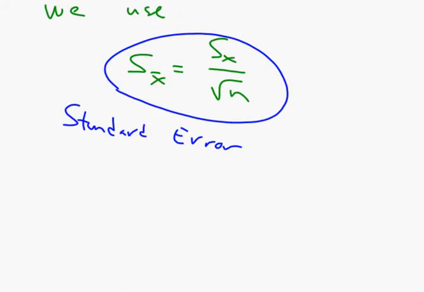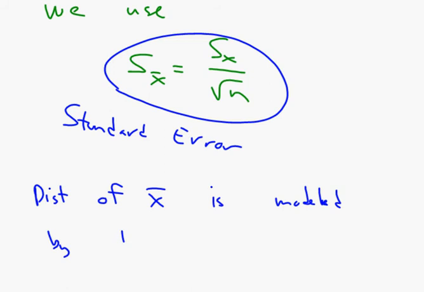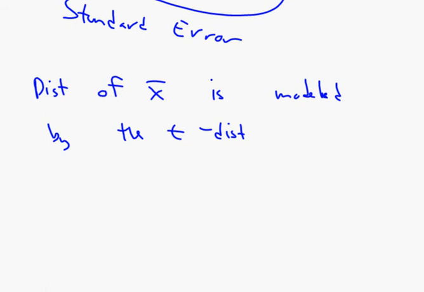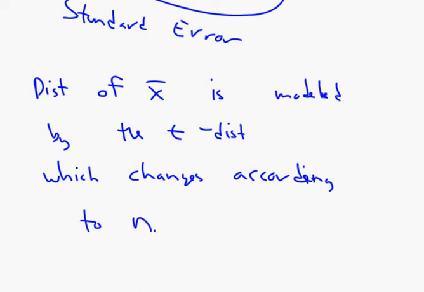And here's what else changes. The distribution of x bar is modeled by something called the T distribution, which changes according to n.